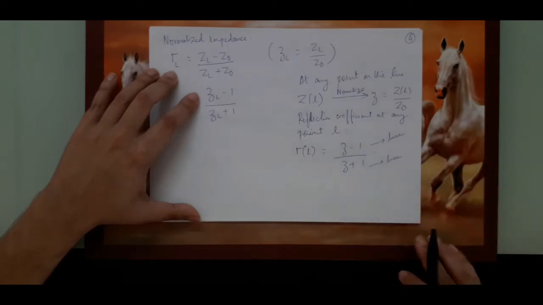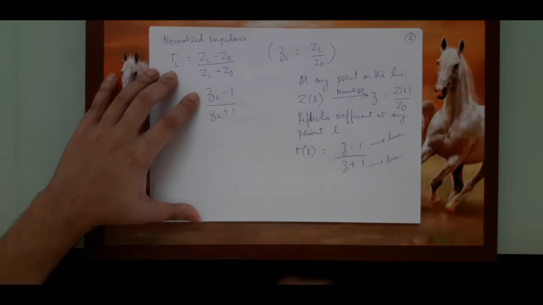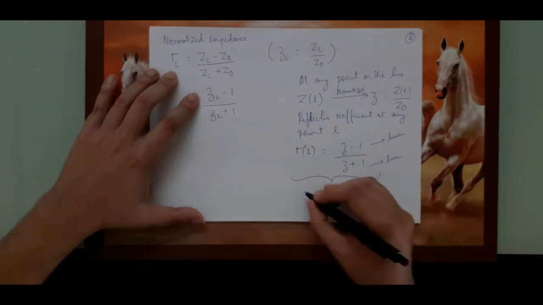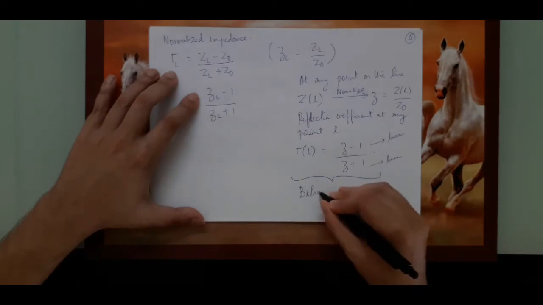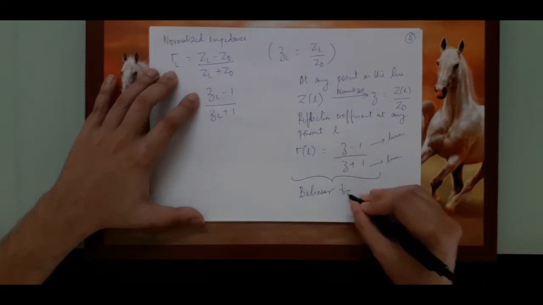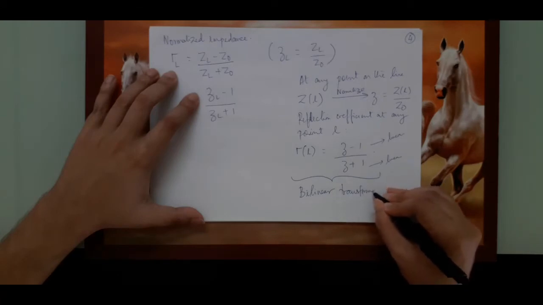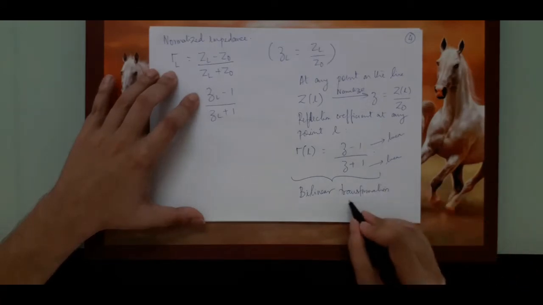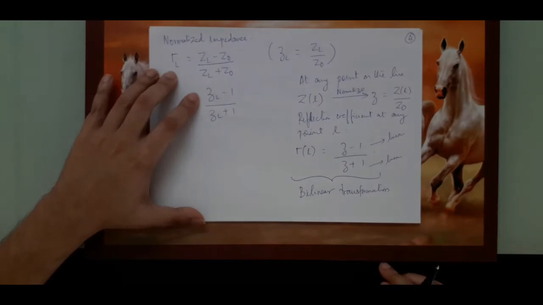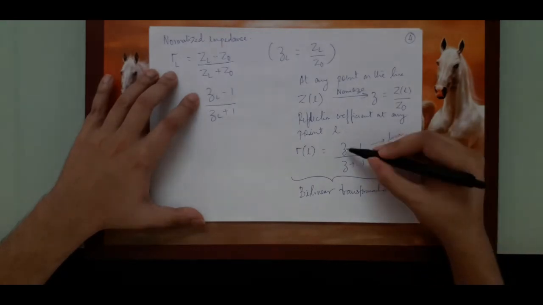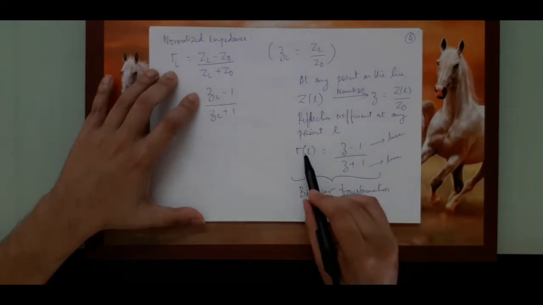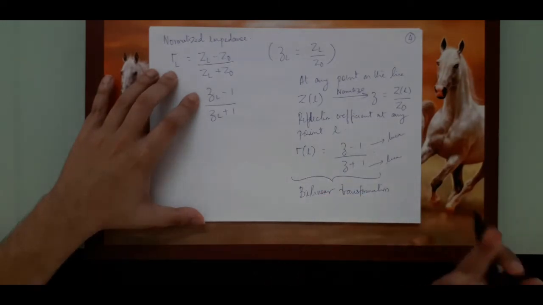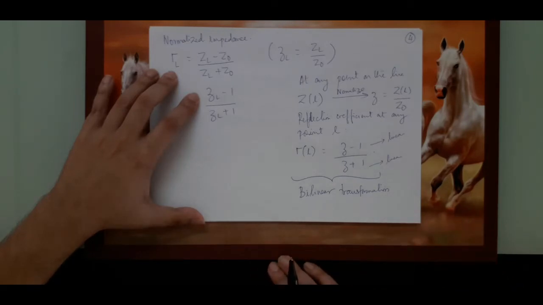Hence, if I have a ratio of two terms which are both first order, then this kind of a relation is called a bilinear transformation or bilinear relation. Notice that I have used the word transformation. Why? Because these two terms are denoting impedances, and this term is denoting some other complex number which is not impedance.